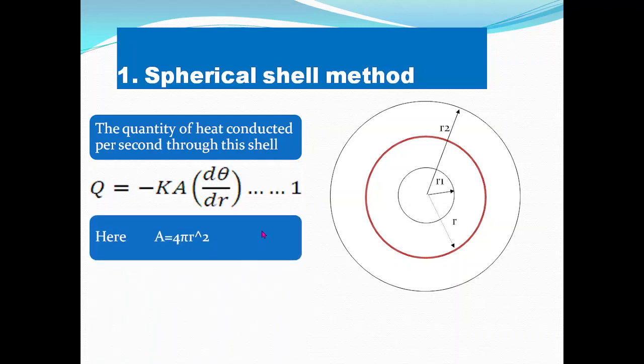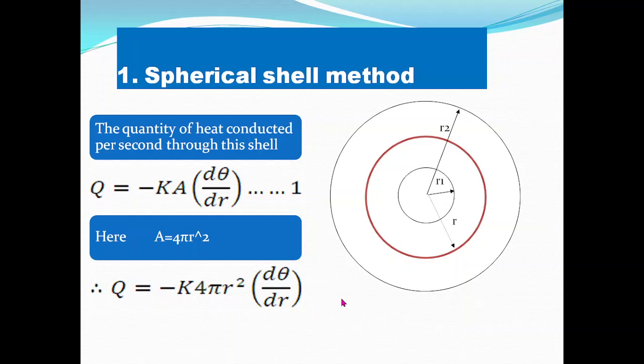Now in this case, as the shell is spherical, the area is equal to 4 pi r square. If we put the value of area, then the heat conducted Q is equal to minus K into 4 pi r square d theta by dr.